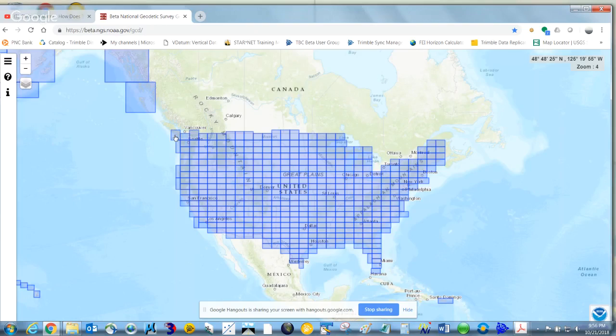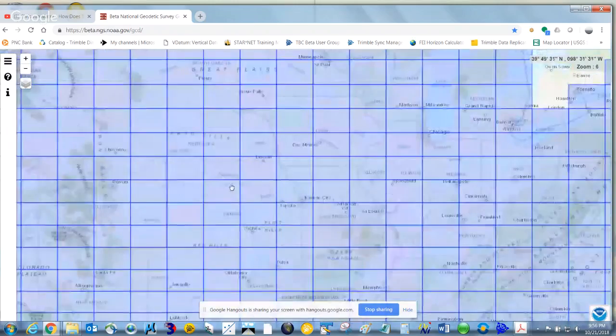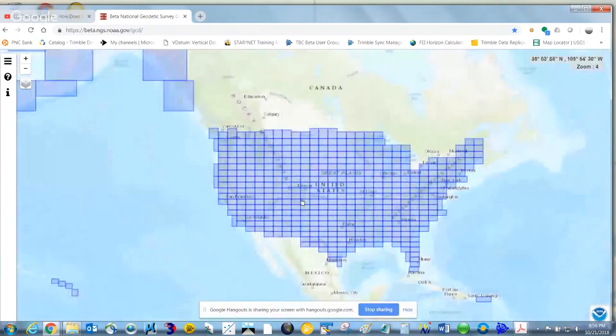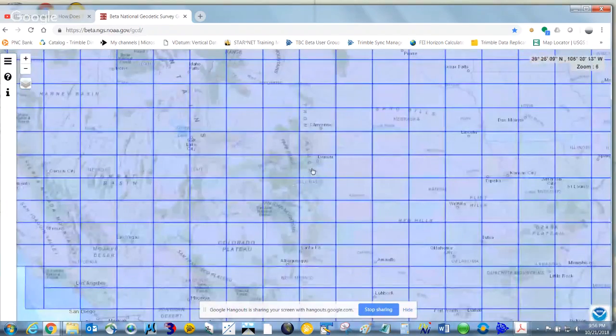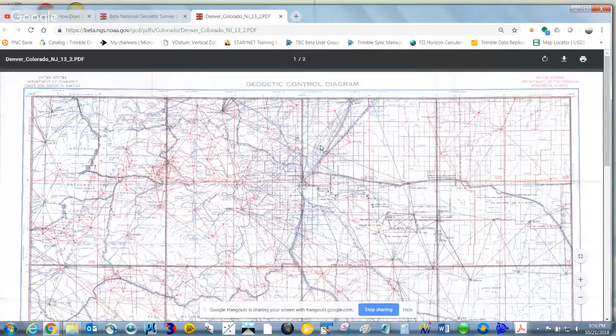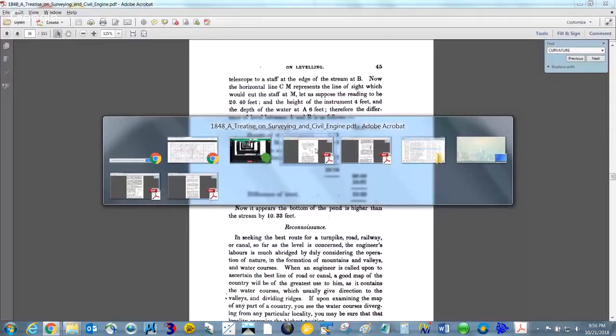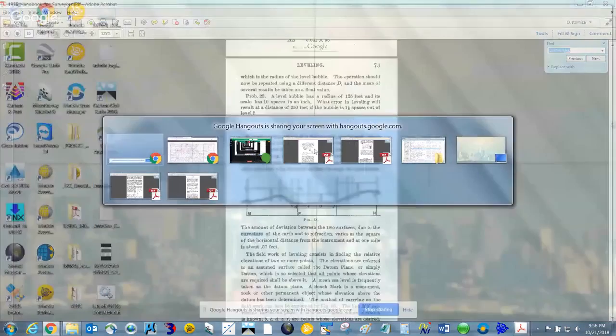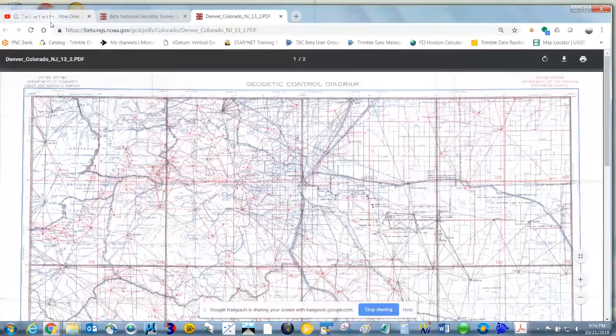Have you ever seen these maps? You can pull up any. Let's look at your neck of the woods. Are you near Denver? Yep, just outside of Denver. All right, let's look at your map. Let's view the PDF. Do you see my screen? Yeah, good.